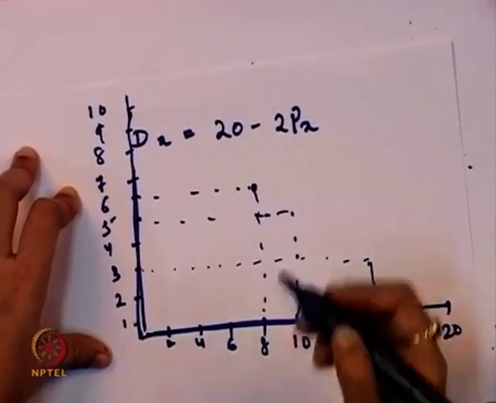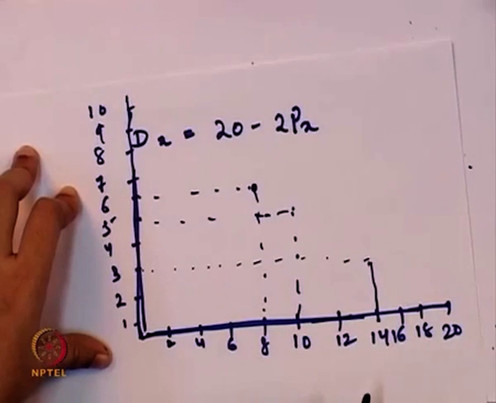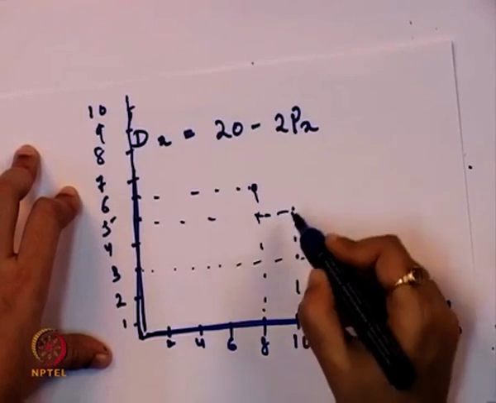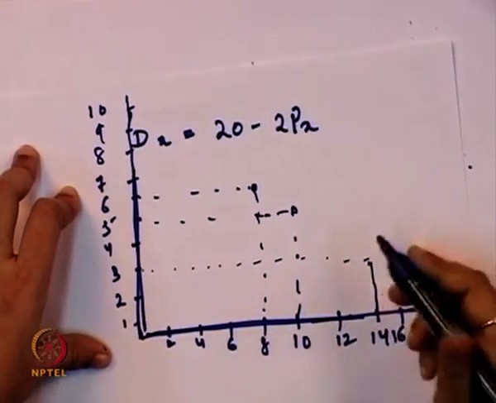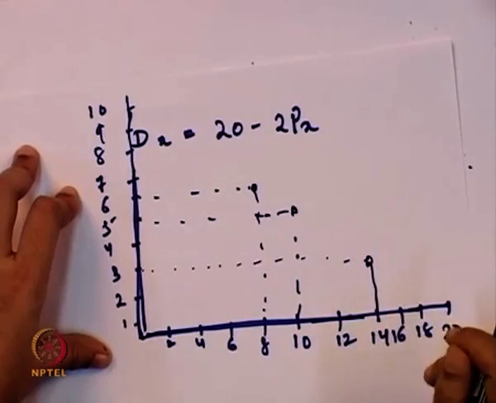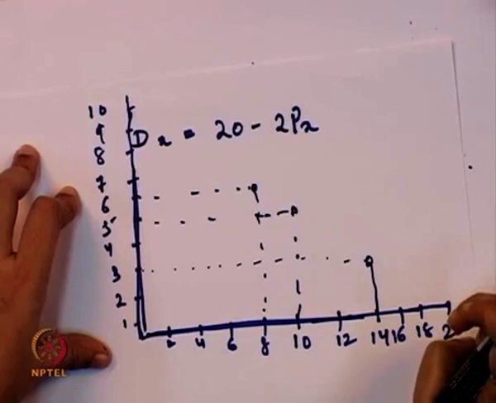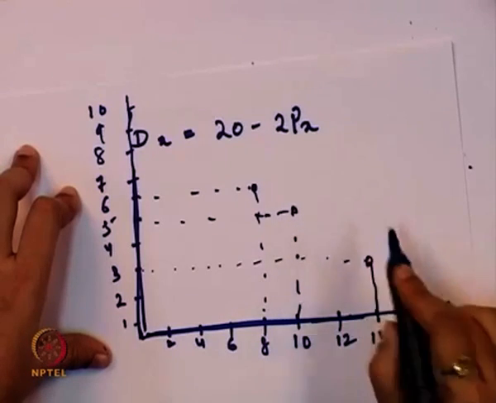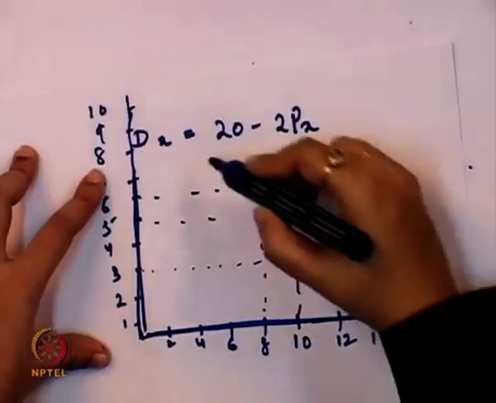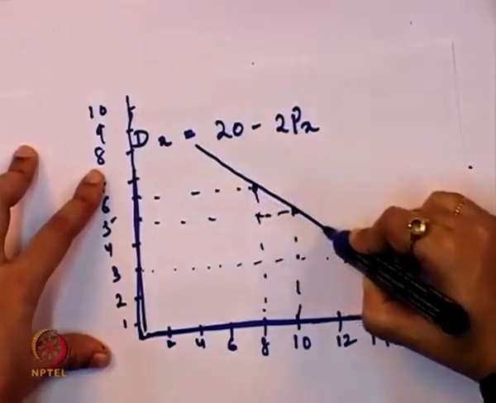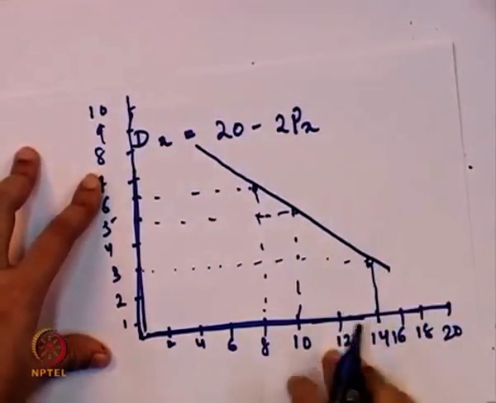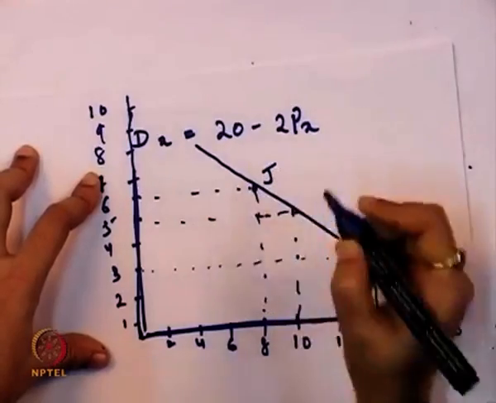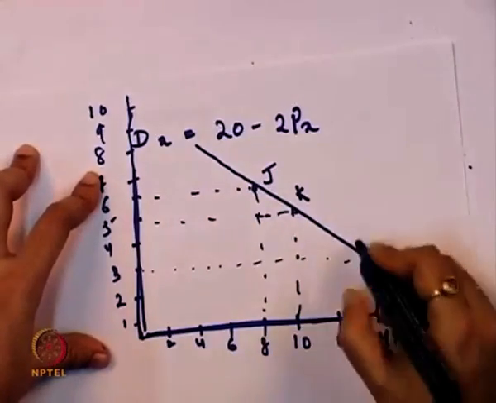Then price is 5, quantity demanded is 10, we get the second point of the demand curve. Price is 3, quantity demanded is 14, we get the third point of the demand curve. If you join these three points, we get the demand curve. Okay. So, maybe this is point J, this is point K and this.